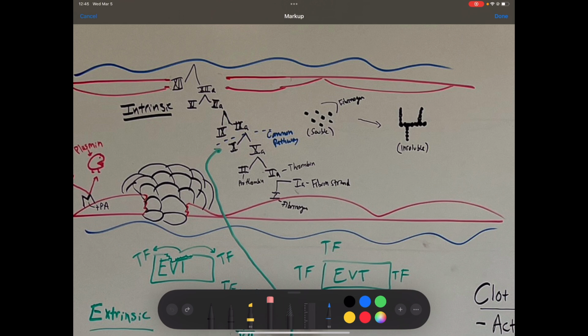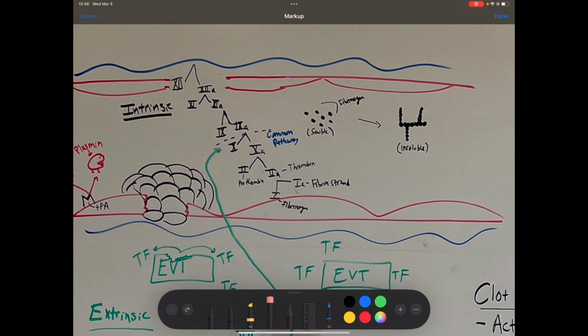Hopefully you can see. Then active number 5 is able to activate number 2, which goes from prothrombin to thrombin, or 2 in the active state.